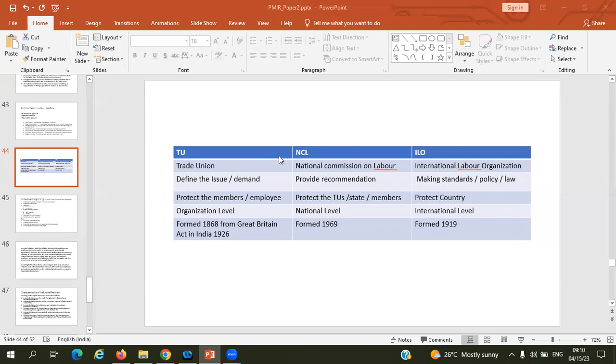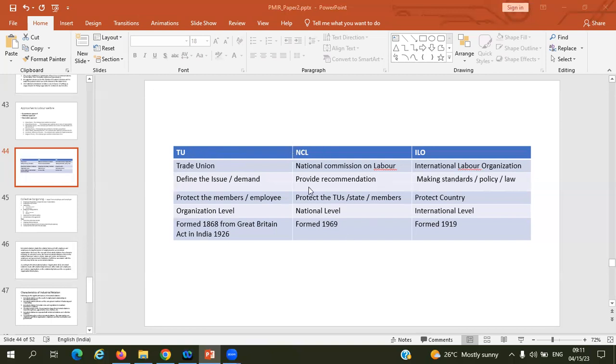So these are the basic differentiations between all these three. So hope you will not be confused. The area of operation and area of work is different from each other. How they operate, how they work, the scope of their work is different. So one is organization level, who are working in the organization.